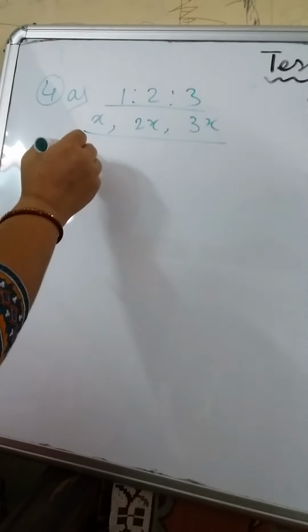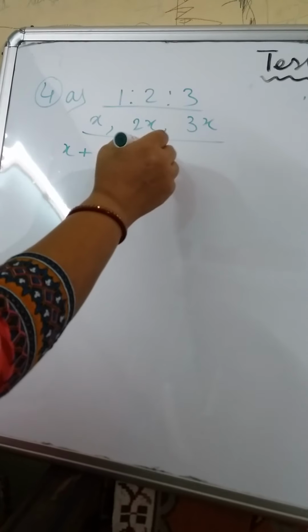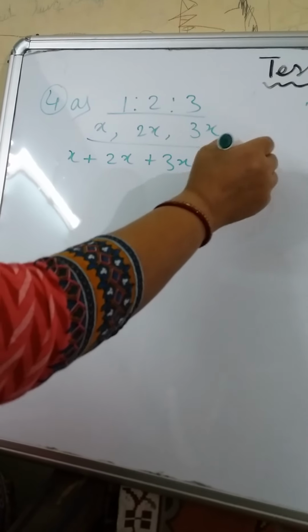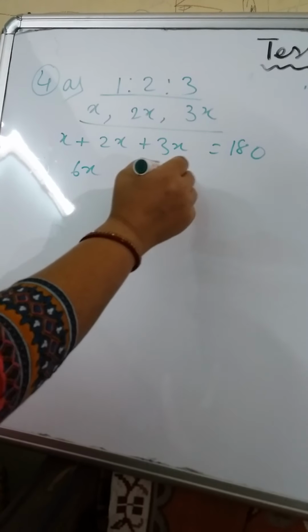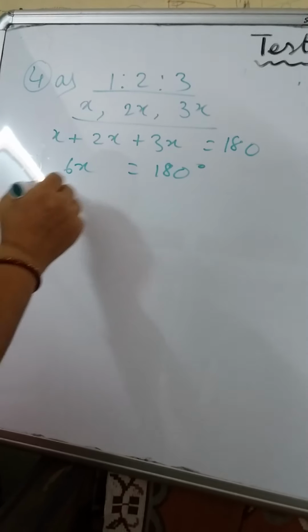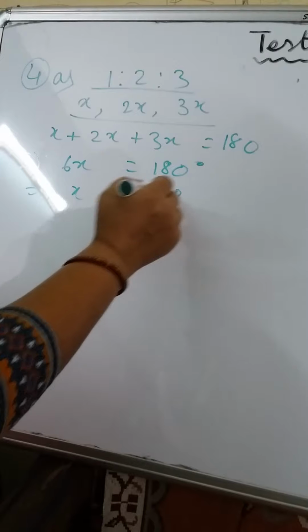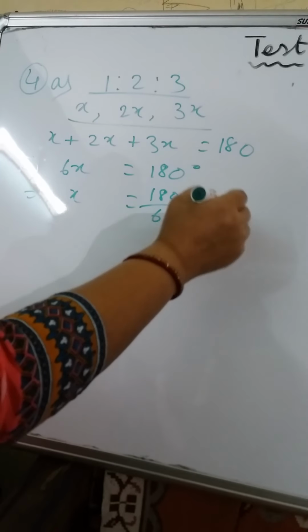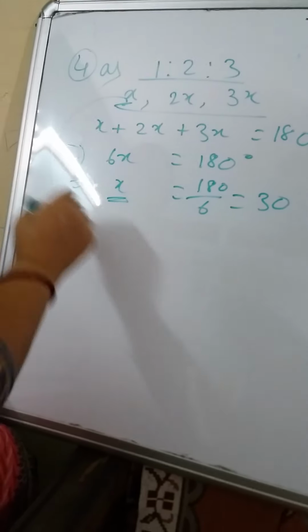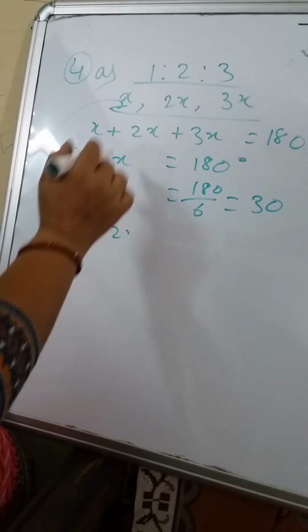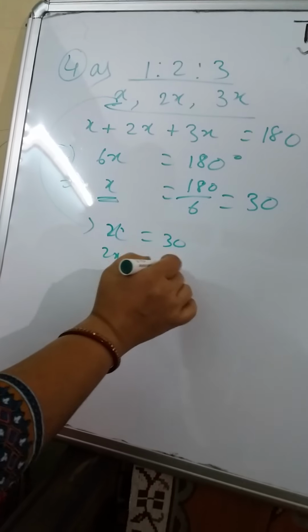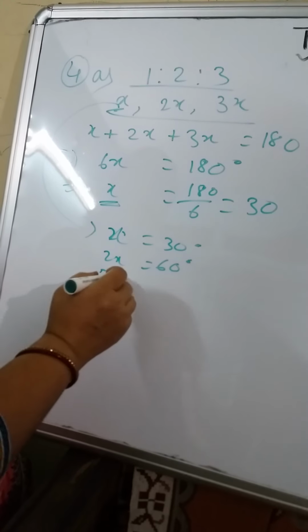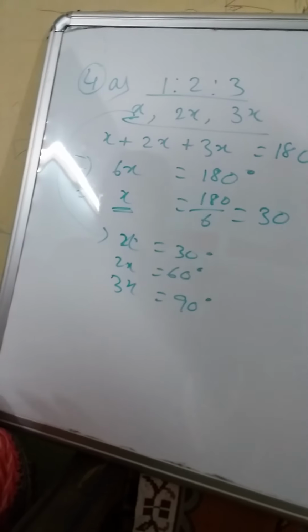So the sum of these angles should be 180. So 6x equals 180 and x equals 180 divided by 6, that is 30 degrees. So 2x equals 60 degrees and 3x equals 90 degrees.